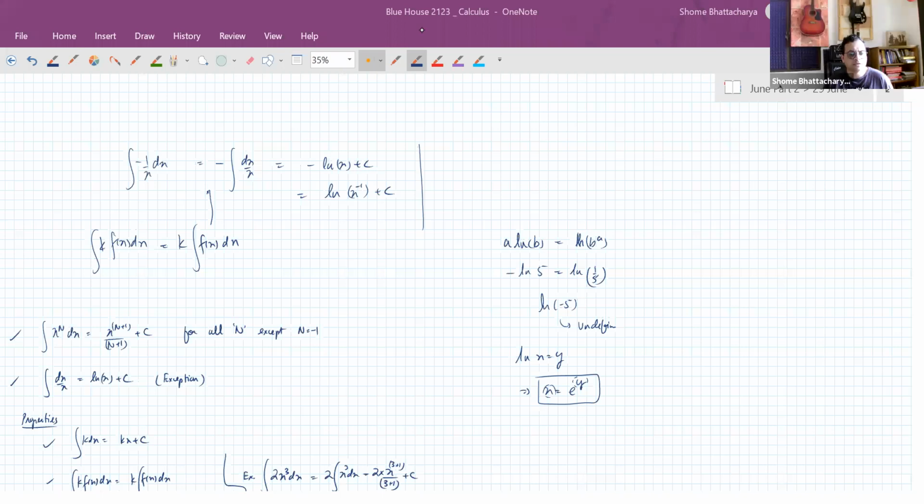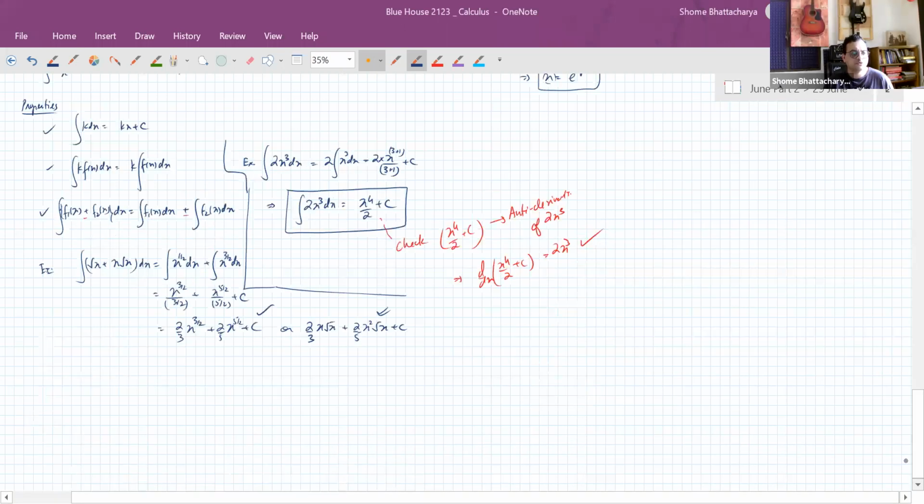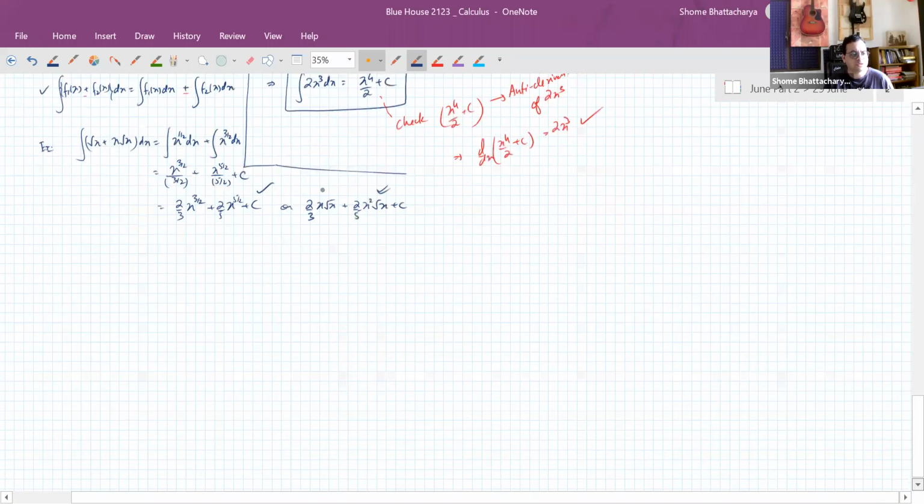Okay, so let's first do a few practice examples based on these properties.